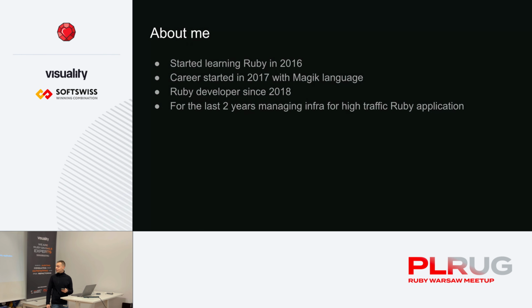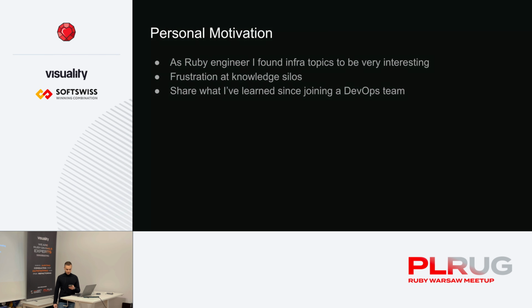For the last 2 years, I've been managing infrastructure for a high traffic Ruby application. For personal motivation, I always found infrastructure topics quite interesting. Yet I was frustrated by the knowledge silos that often happen in companies. As a Ruby engineer, I would be writing some code, but I didn't really know what was going on with it.